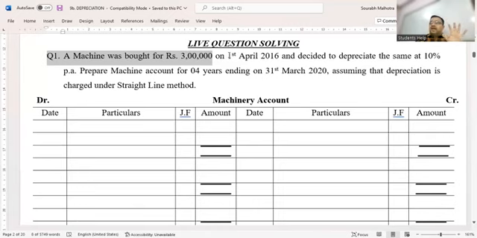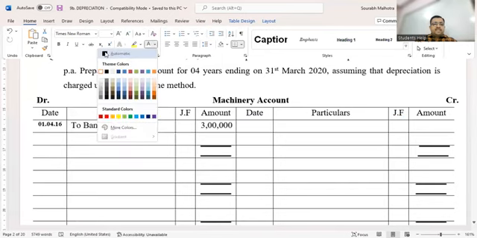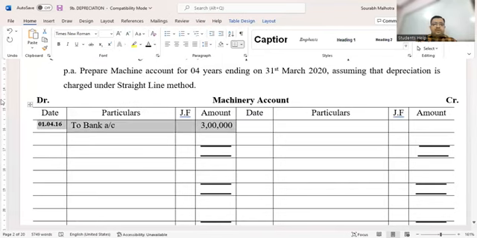Are we preparing bank account? Had we been preparing that, what posting could we have done there? By machinery, but we are not preparing it. We are preparing machinery account. In machinery account, what we'll write, children? To bank. So similarly, put the date first and foremost, children, and then write on the debit side to bank, the value being 3 lakhs. 1st April 2016.